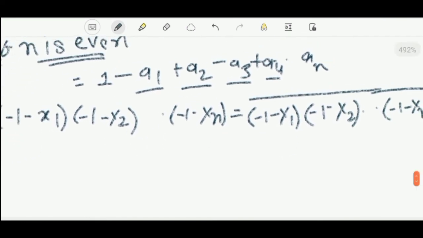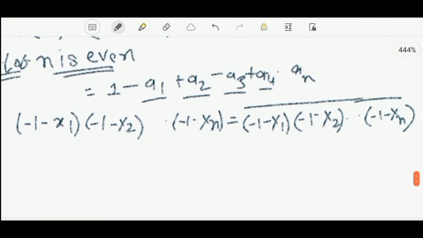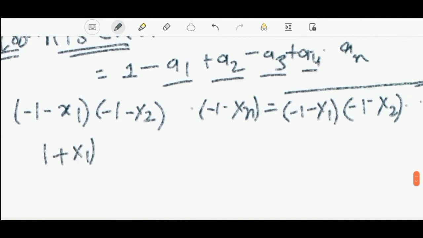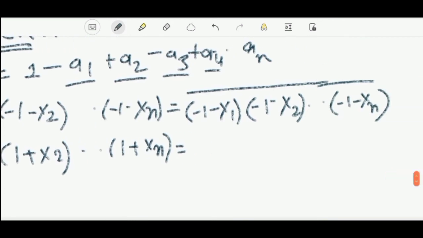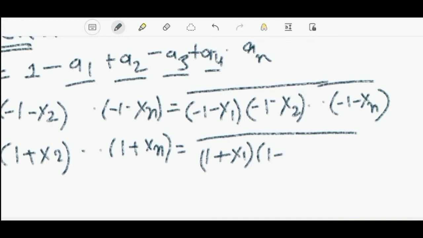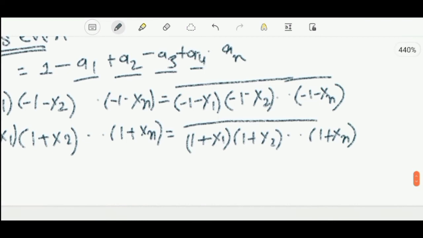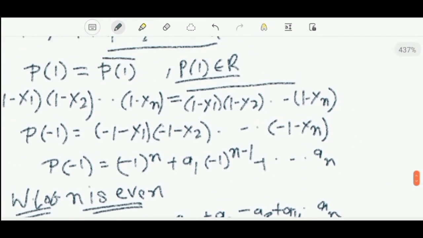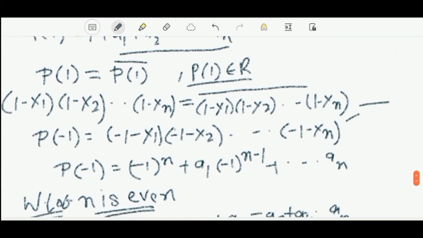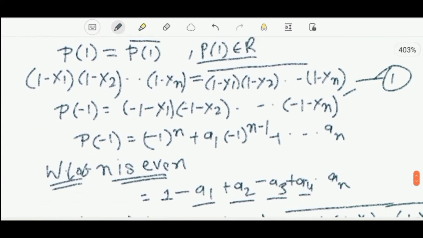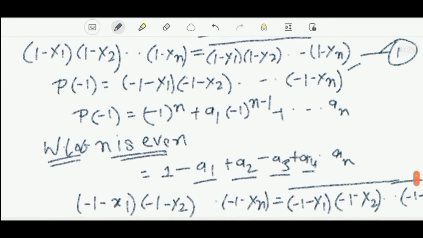And if we take minus common, we can simply cancel out and we'll obtain 1 plus x1 multiplied by 1 plus x2 up to 1 plus xn is equal to the conjugate of 1 plus x1, 1 plus x2 up to 1 plus xn. So here we got the two equations. So this is our second one, and over here this is our first equation. And now we just have to multiply these two equations and we are done.